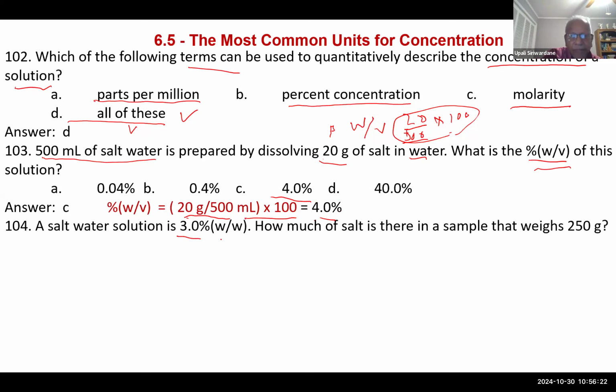This question: 3% weight by weight, how much salt is there in the sample? Now the percentage is given, so you can calculate.